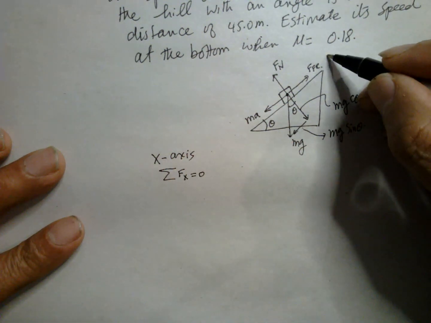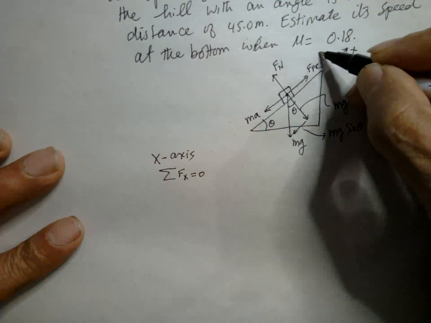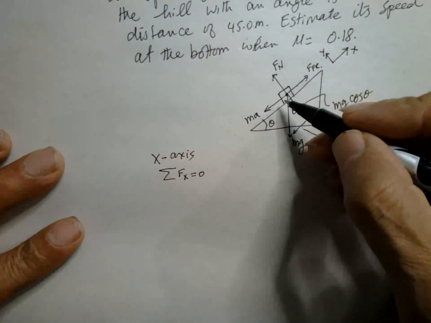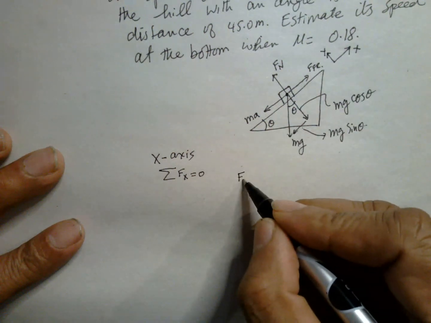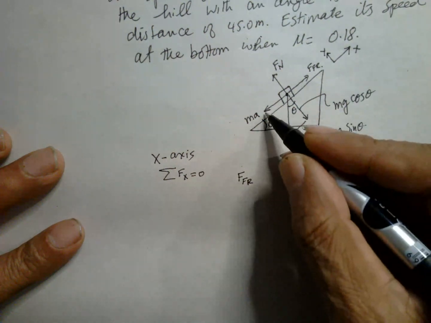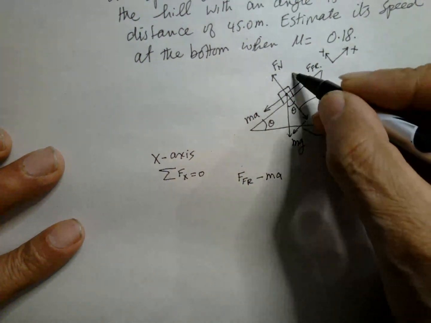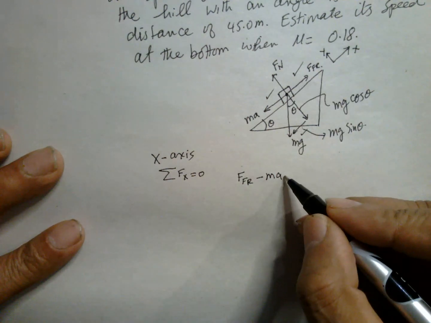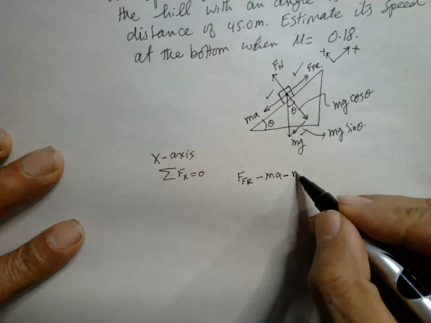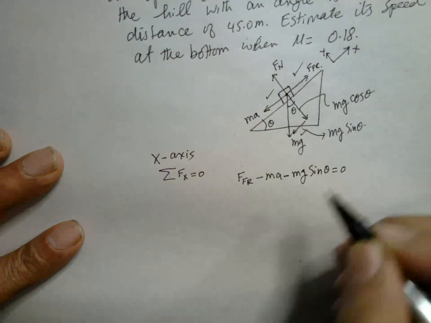We will use this frame of reference: this is the x-axis and this is the y-axis. So along the x-axis, FR is positive, minus MA, and minus mg sine of theta, which is equal to 0.